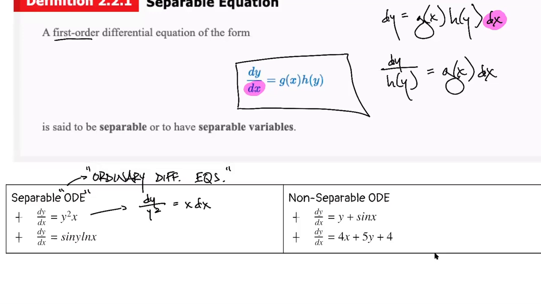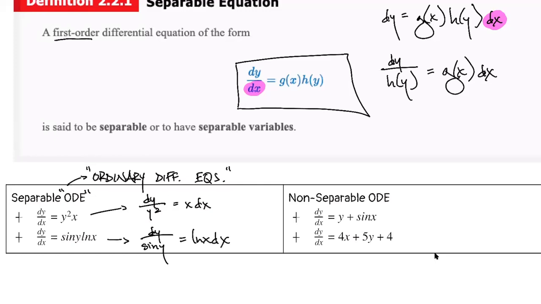Okay. What would this second one look like if we separated that differential equation? dy over sine of y equals ln of x times dx.